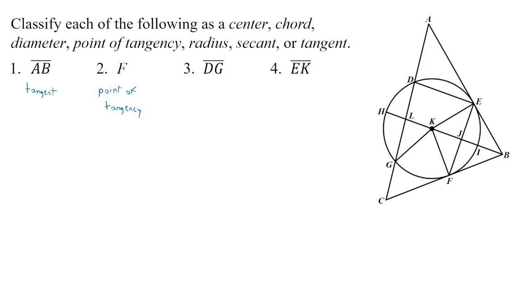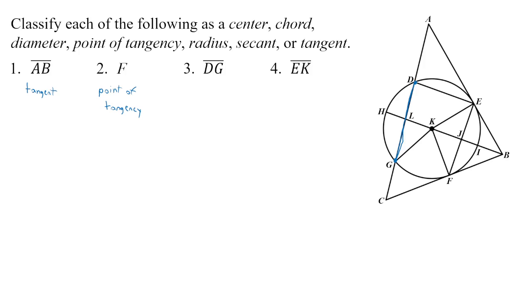All right, next we have line segment DG. Line segment DG, that's this line segment right here. Both the endpoints are on the circle.